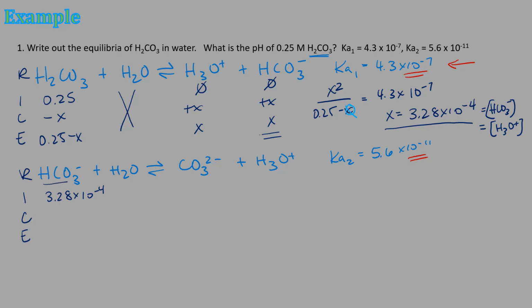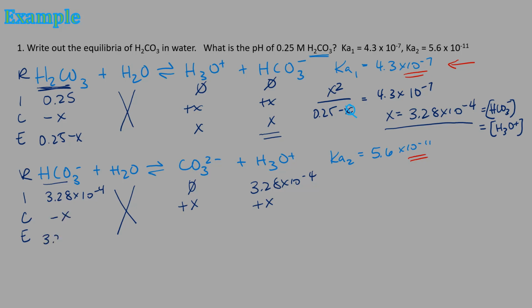It's 0.25 molar carbonic acid, so I have to start off with that. Water doesn't matter. There's no carbonate, and hydronium is going to start off with 3.28 times 10 to the negative 4th. We still have to increase on the product side because we don't have any carbonate to take from, and decrease on this side.